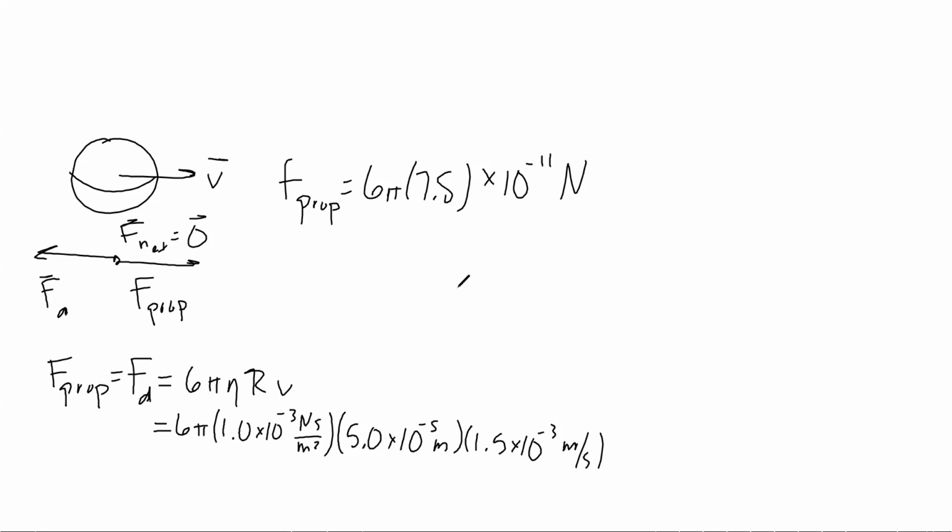So you should get about, I wouldn't enter this in, I would double check it, probably about 1.5 times 10 to the negative 9 newtons. So that's the expected value to get for the propulsion force of this little paramecium moving at that small speed.